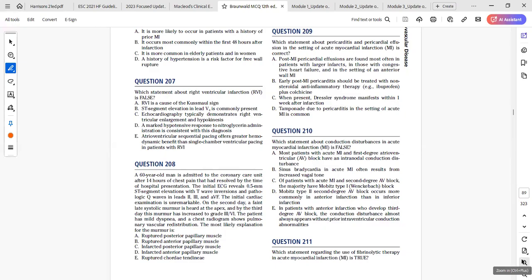I welcome assistance there. I'm in between A and E. Can I have contributions for question 210? I'm in between options A and E. I know C is true, D is true, B is also true.